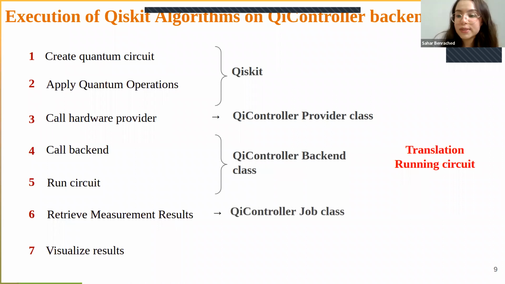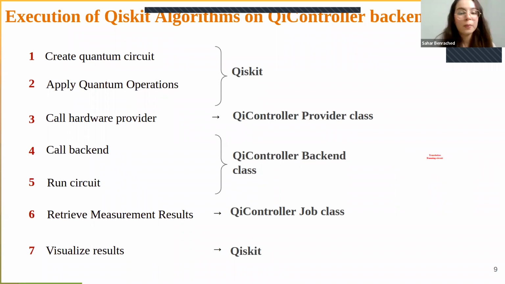Now, to retrieve the measurement results, we also have created the QiController job class. And as you can see, this is mostly guided by the provider interface from Qiskit for the addition of new hardware providers. And also keeping the same structure, we'll be using the visualization tools from Qiskit in order to have a better display of our measurement results.